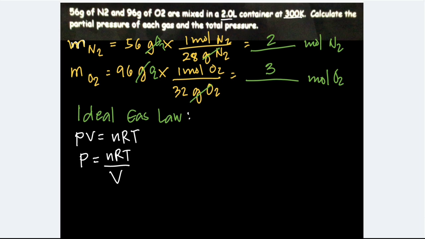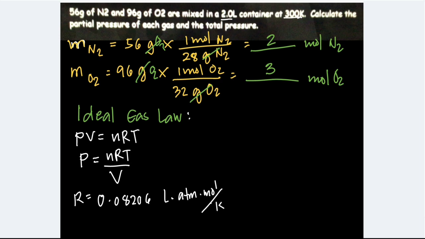So the ideal gas constant that we're going to use, because this is in liters and in Kelvin, is 0.08206, in liter atmosphere per mole Kelvin.